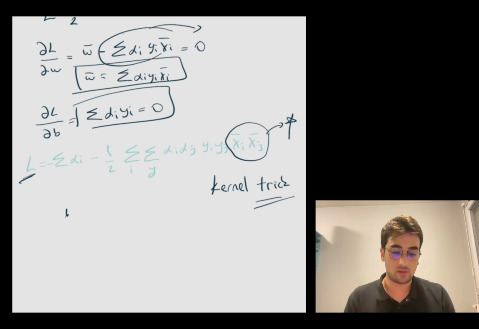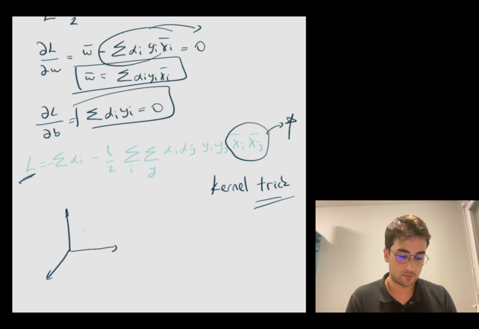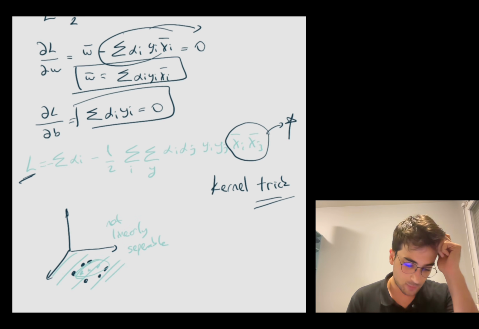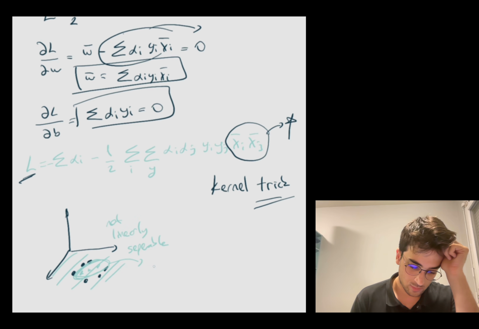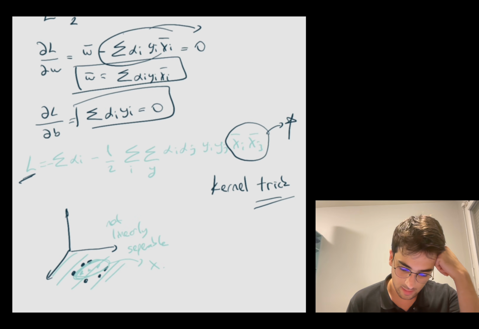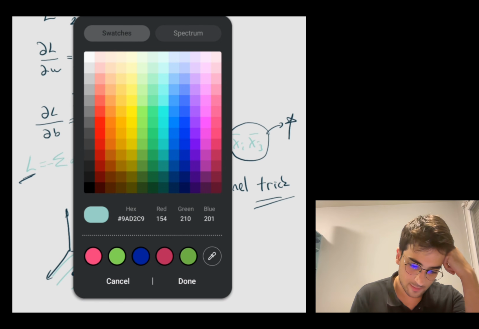For example, let's give a quick example, right? These don't seem linearly separable in 2D. But if you convert these values to a higher space, let's say with a polynomial kernel, what you would see is the following.